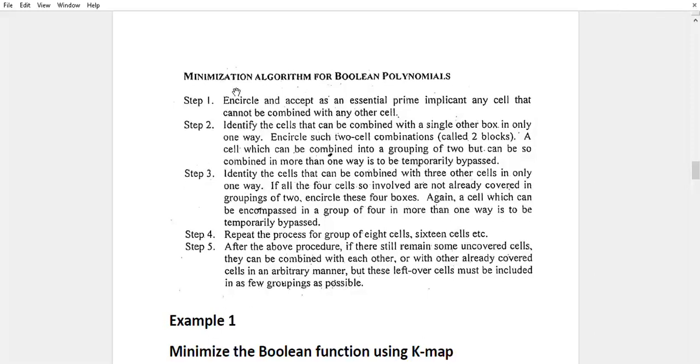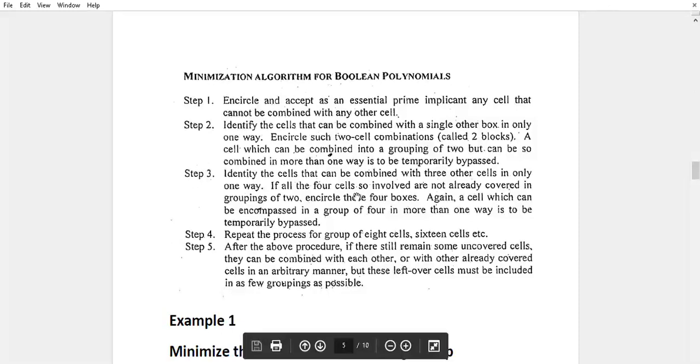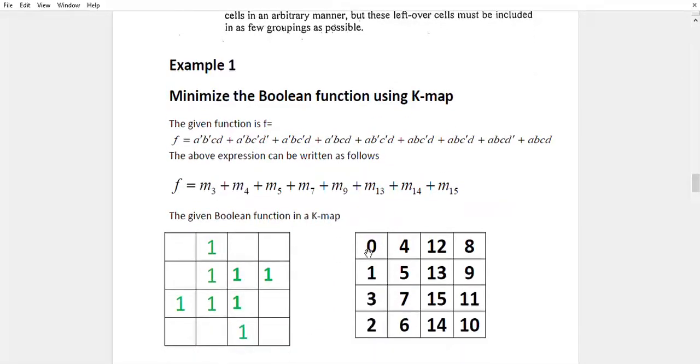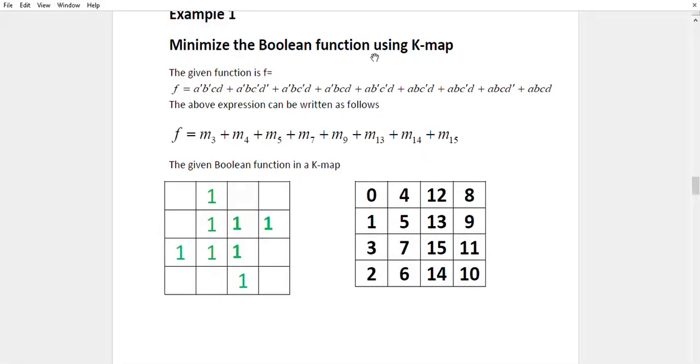And this is the minimization algorithm for Boolean polynomials. I will explain some steps by taking the following examples. Minimize the Boolean function using K-map, and this is the given function. And the corresponding min-term representation is this one. This is 3, 4. This is nothing but 0, 0, 1, 1. Whenever you have a dash, put 0.